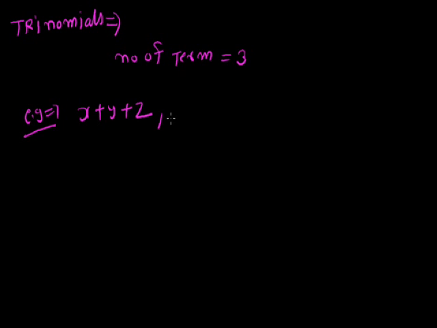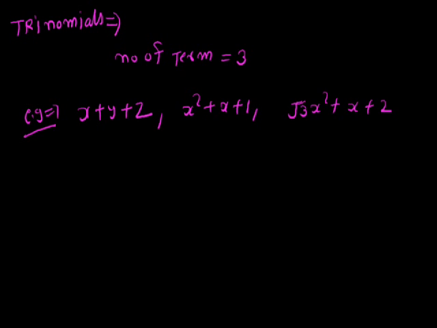Okay, now we come to the other examples. If we write x square plus x plus 1, it is also trinomial. What are the other examples? Root 3x square plus x plus 2. These all are the examples of the trinomials, because in all these expressions number of terms is equal to 3. So these all are trinomials. Okay, so now we have completed our classification on the basis of number of terms.